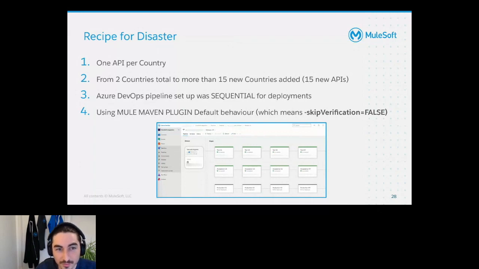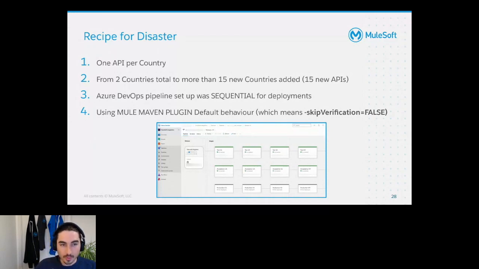They added 15 APIs represented by country that they needed to deploy. So it's the same API, they're deploying to different countries, and they need to deploy that same API 16, 17 times. If you took a look at the Azure DevOps pipeline they had in place, it was sequential for deployments.